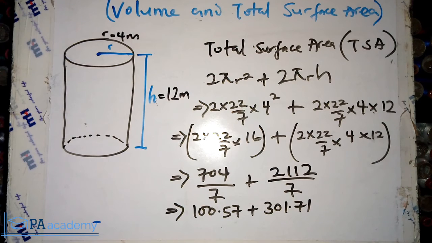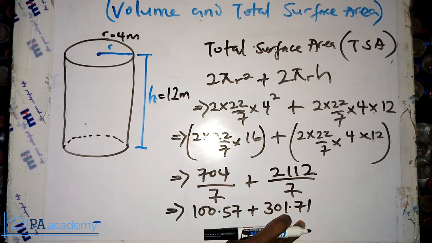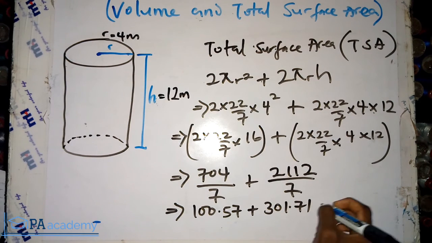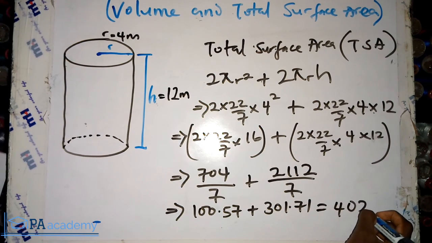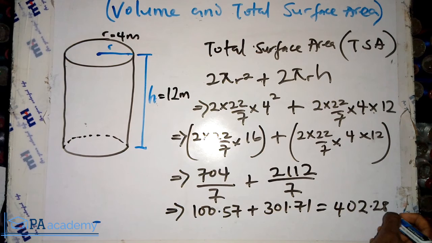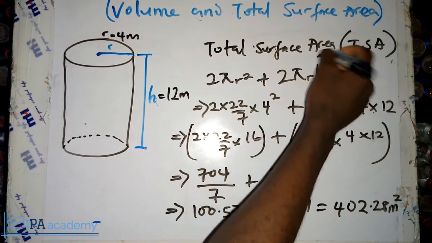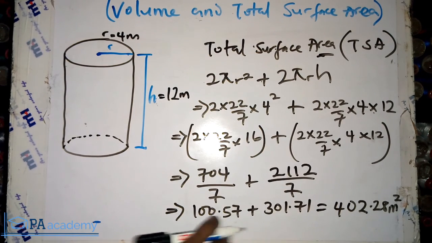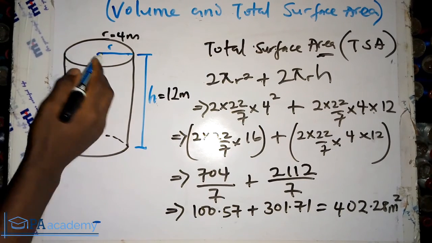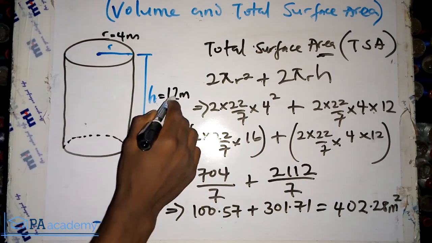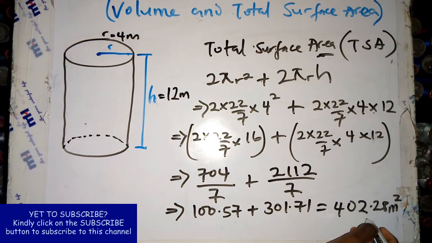So by the time we add these two values, 100.57 plus 301.71, that will give us 402.28. And don't forget your units, meter square. You are dealing with area, so it will be in square. So this is the total surface area for this cylinder with radius of 4 meter and height of 12 meter. The total surface area is 402.28.